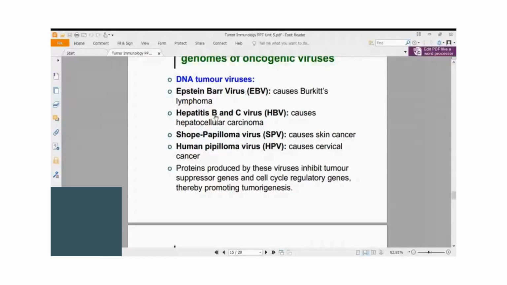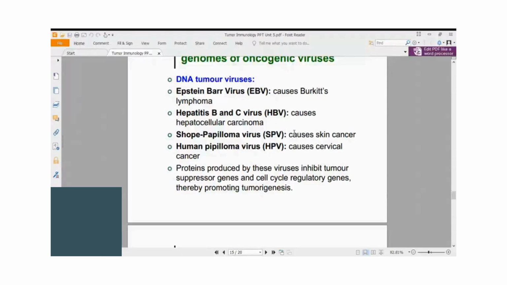Similarly, hepatitis B and hepatitis C virus are both known to cause hepatocellular carcinoma, liver cancer. Then there is a virus called Shope papilloma virus, which causes a skin rash initially, and that skin rash transforms into skin cancer, epithelial cell cancer of the skin.